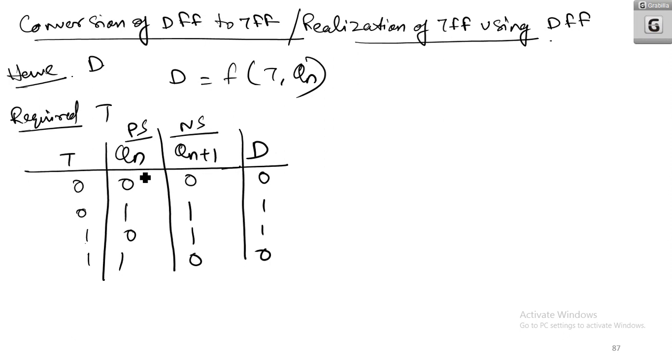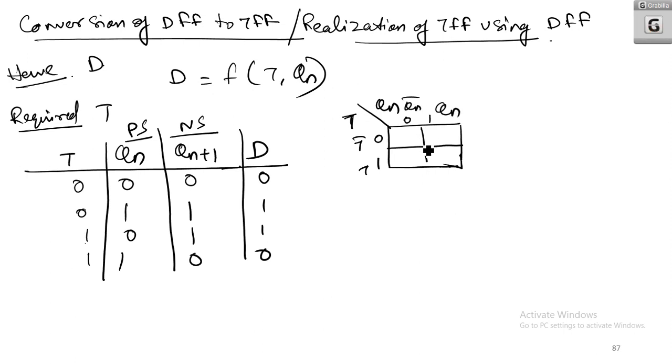Now you need to write D in terms of T and Qn. So it is basically a two variable K map. You write this as T, this is Qn. 0, 1, T bar, T. 0, 1, Qn bar, Qn. Cells 0, 1, 2, and 3 hold 0, 1, 1, 0.